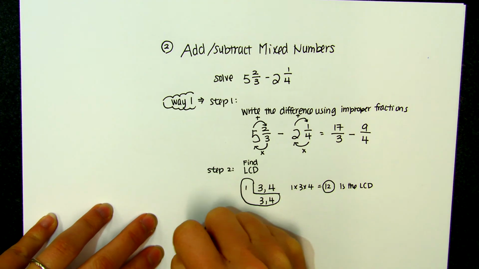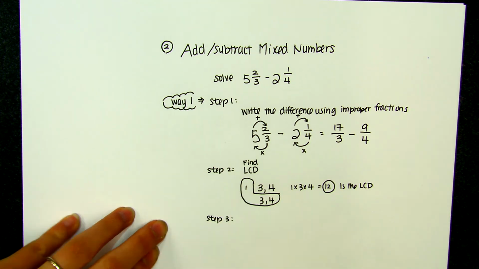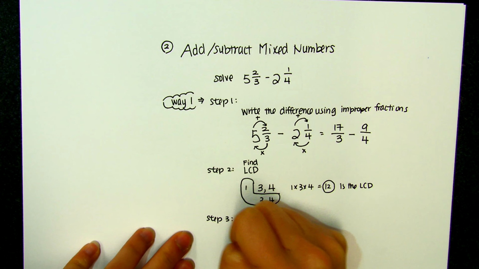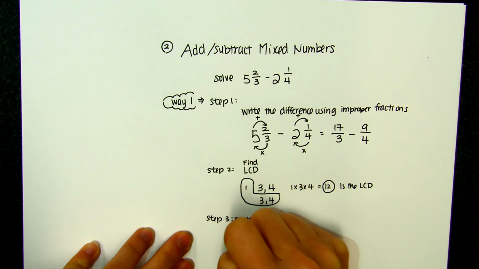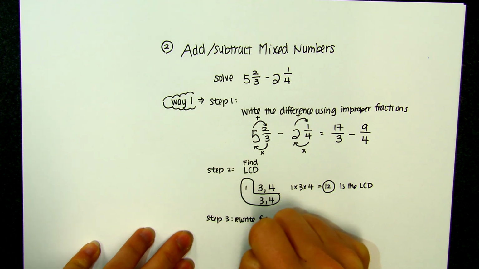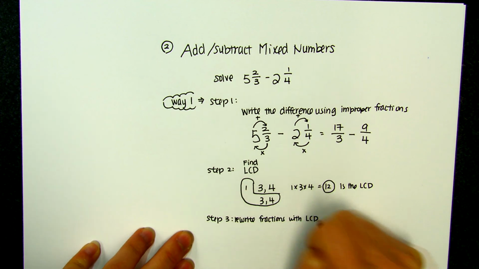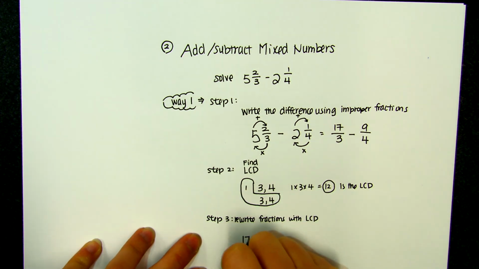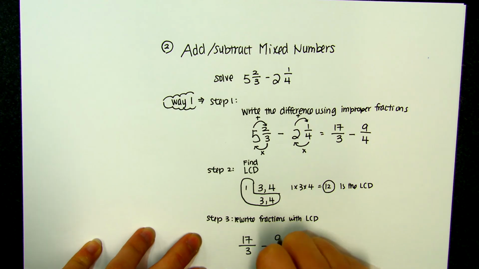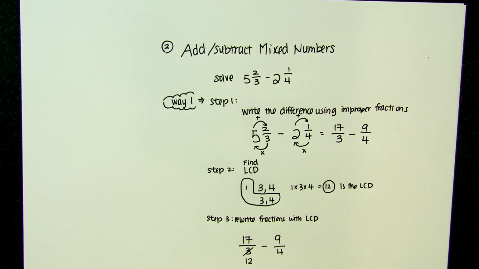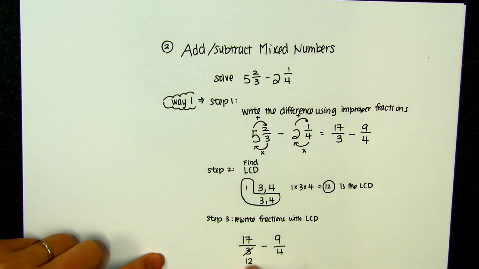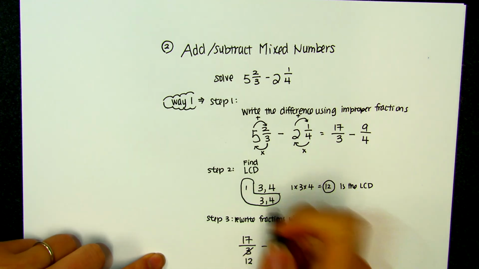Step 3: rewrite the fractions with the LCD. So 17 over 3 minus 9 over 4. I want to change 3 to 12. In order to do that, I multiply 3 times 4 to get 12, so that means 17 times 4.